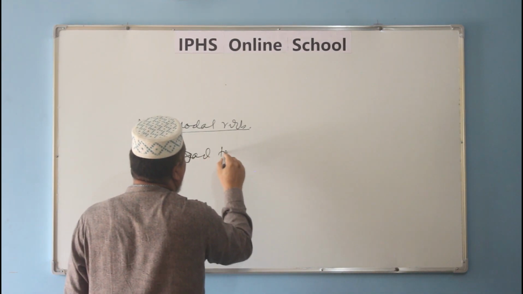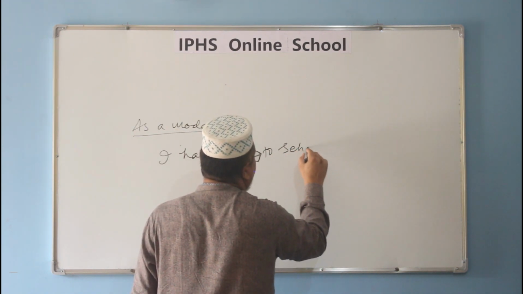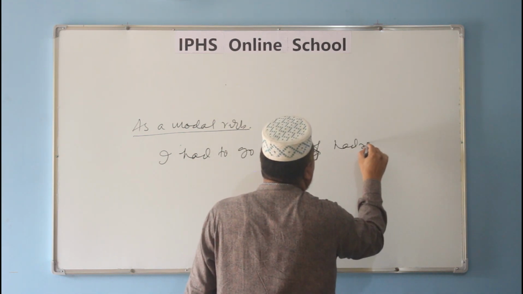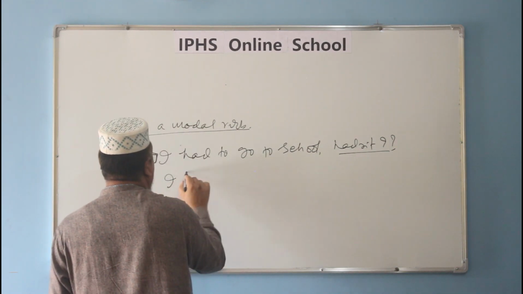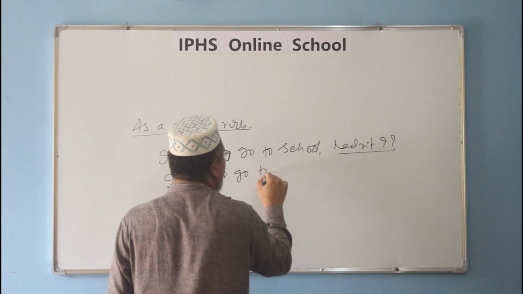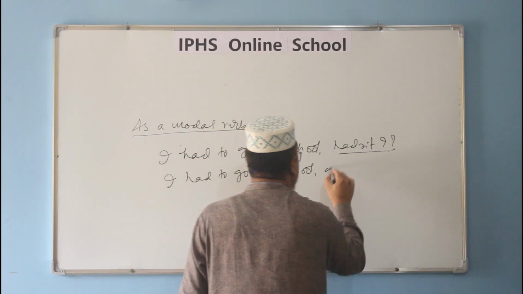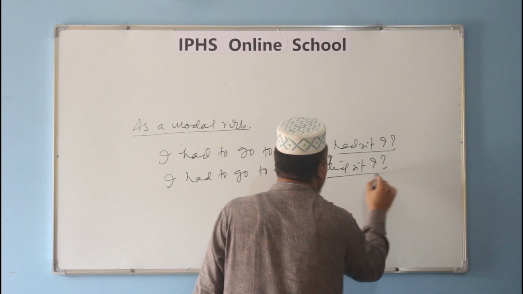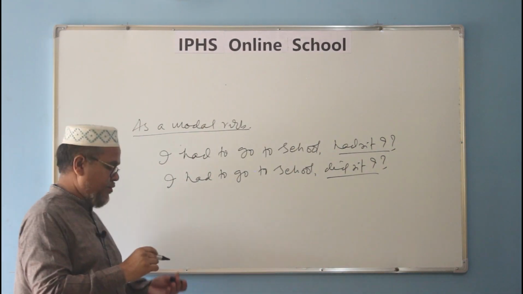I had to go to school, hadn't I? I had to go to school, didn't I? Hadn't I? This is better.